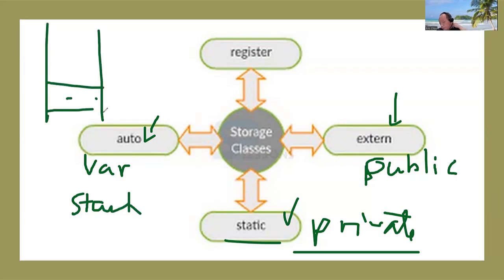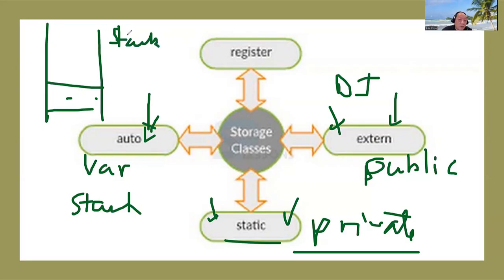Okay, a local variable. This one and this one are in the data segment. So you have a global area to store those variables, and this auto is in the stack, local in the call stack. Okay, you have to understand this, okay?